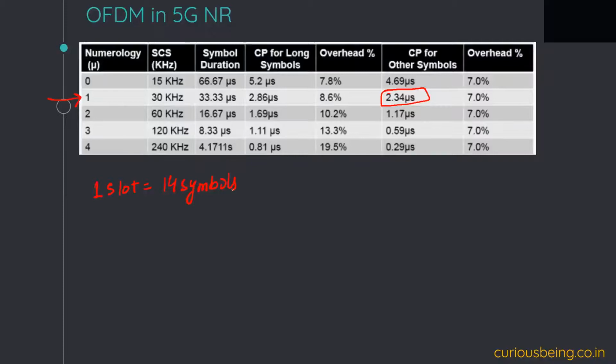To mitigate that, for each symbol, we append some cyclic prefix. The cyclic prefix also depends on the symbol duration; it is a certain percentage of the symbol. In OFDM, the first and seventh symbols have a different duration from the other symbols, to make the total slot duration some 0.5 times of something. But let's not think in those terms, because that may confuse you at this point.